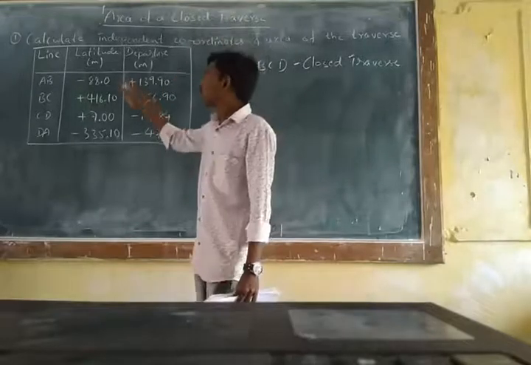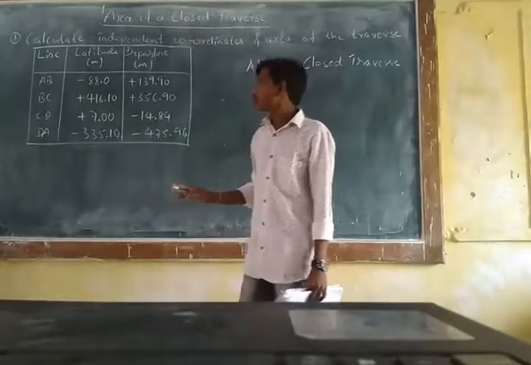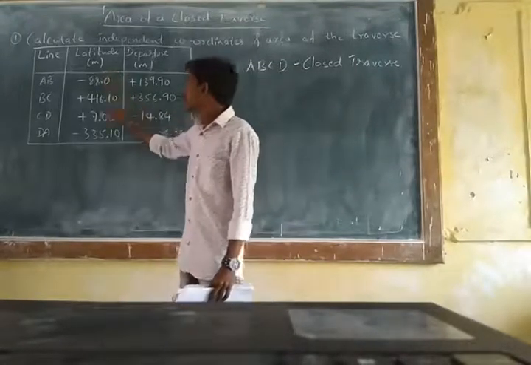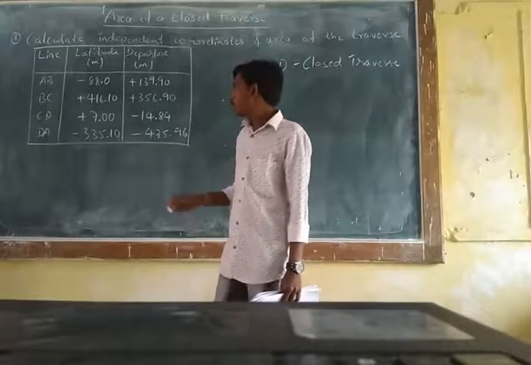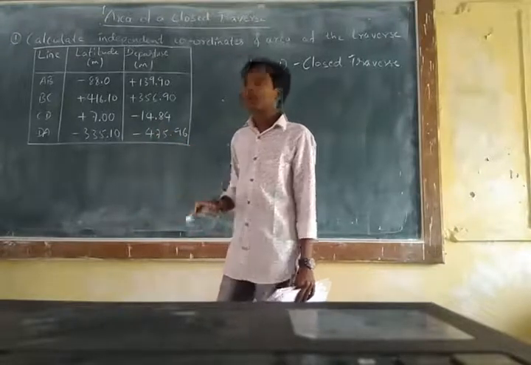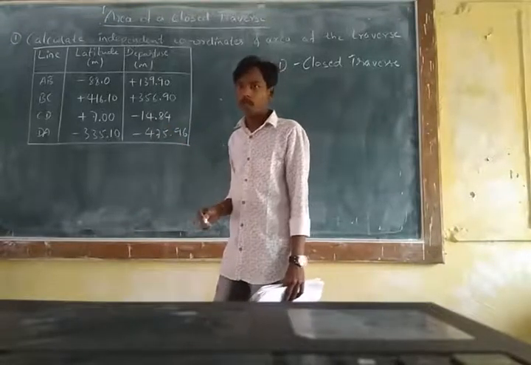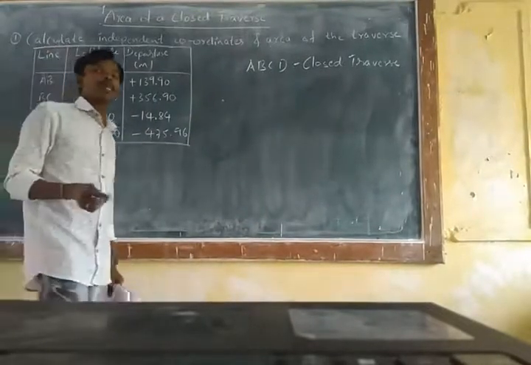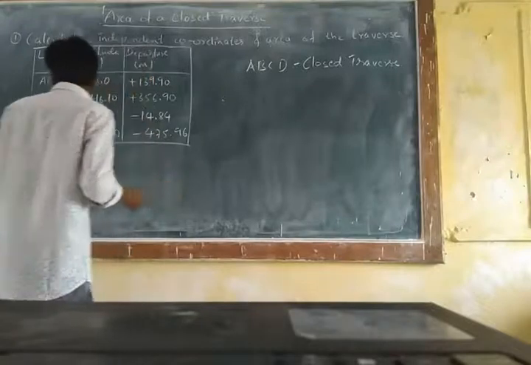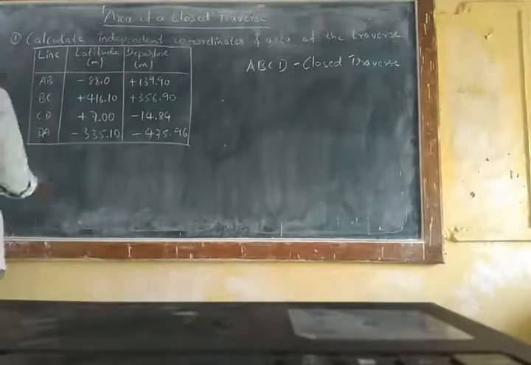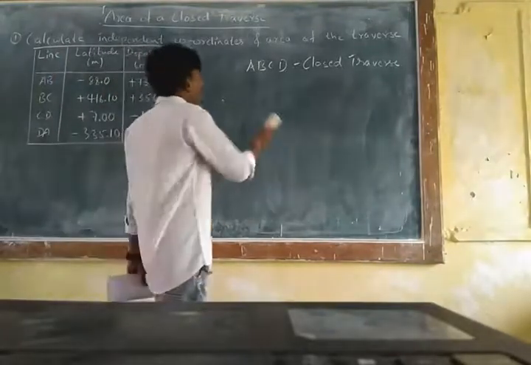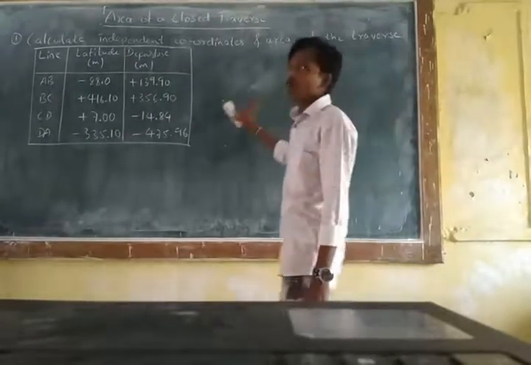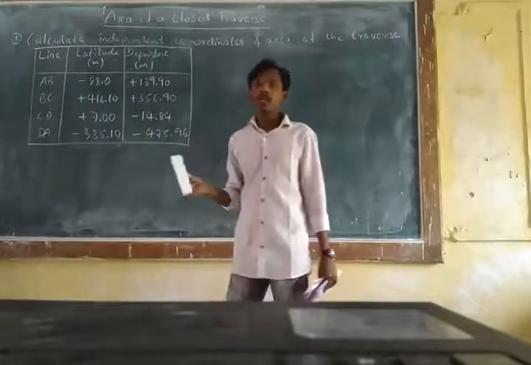But here some of the latitudes and departures are negative, so we have to convert them into positive by adding arbitrary coordinates. The arbitrary coordinates may be anything; we can assume any positive number which makes these coordinates positive.